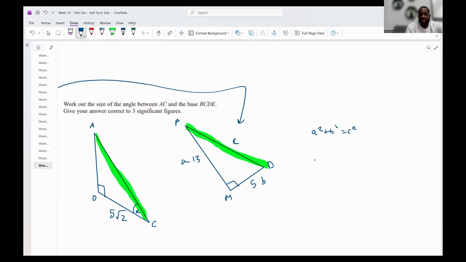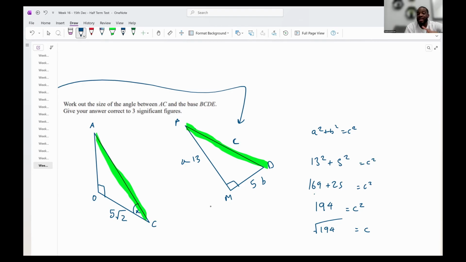That means 13 squared plus 5 squared is equal to c squared. That's 169 plus 25, which is 194. So c squared is 194, which means the square root of 194 is c.